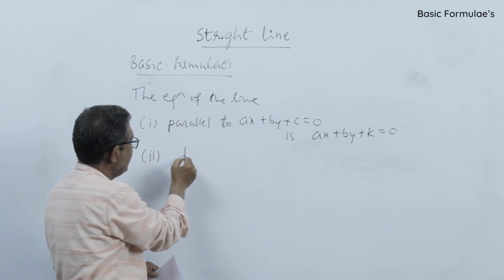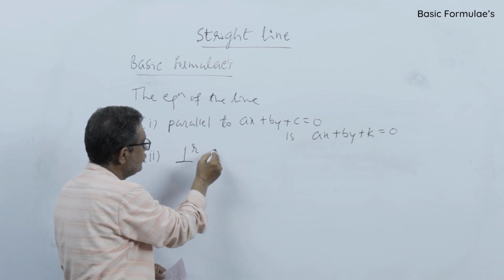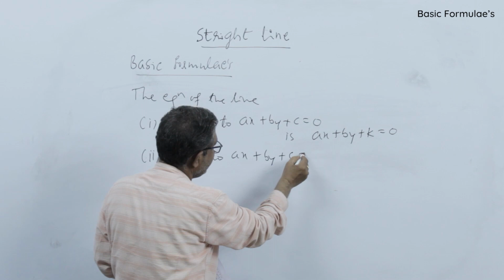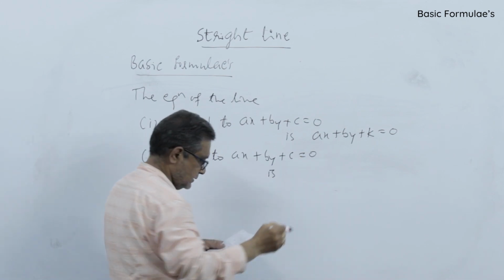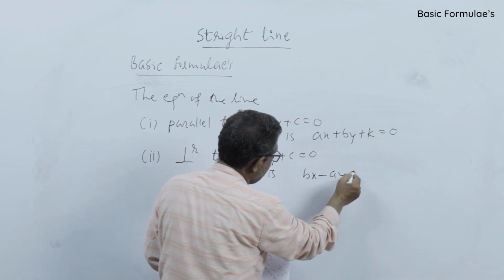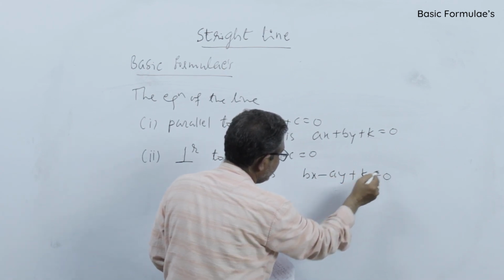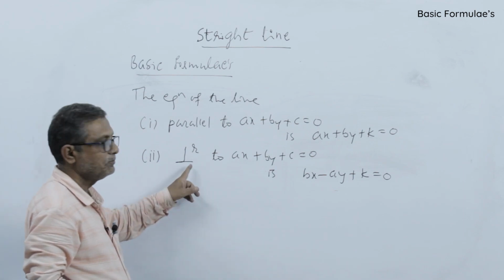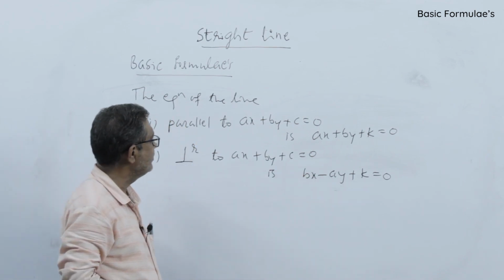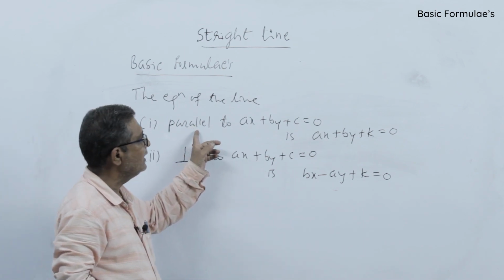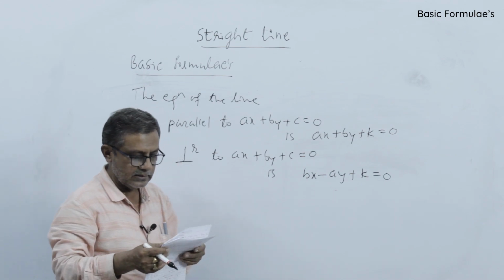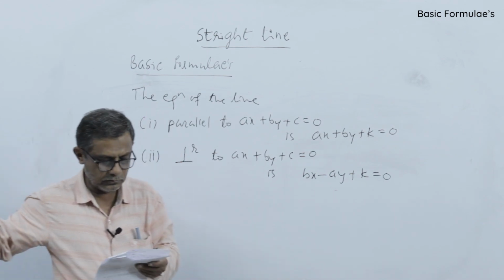The equation of the line perpendicular to Ax plus By plus C equal to 0 is Bx minus Ay plus K equal to 0. When it is perpendicular, it is Bx minus Ay plus K equal to 0. When it is parallel, it is Ax plus By plus K equal to 0.